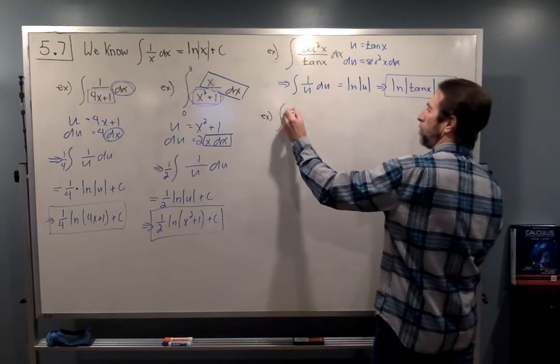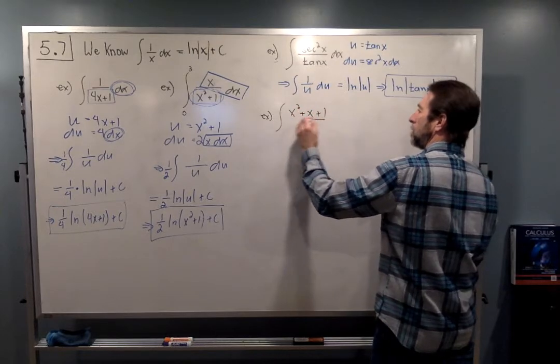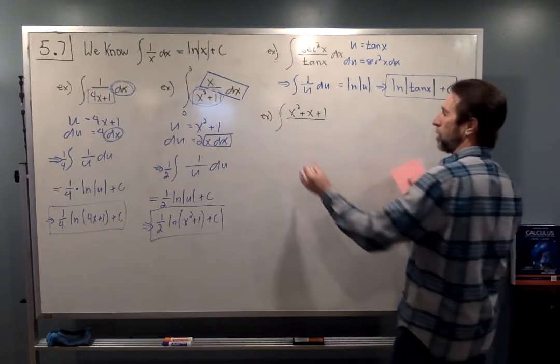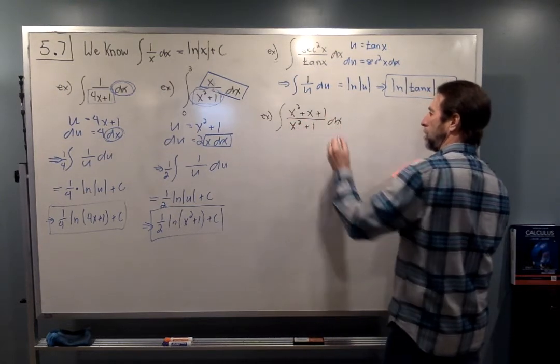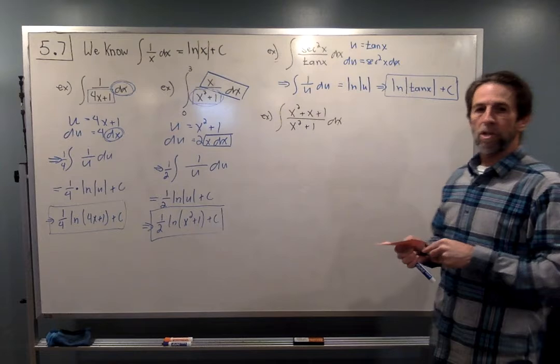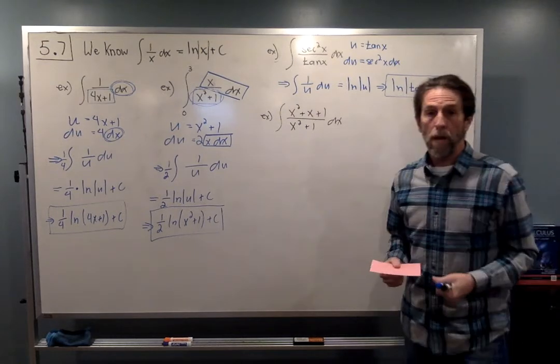x squared plus x plus 1 over x squared plus 1. Now this is a situation where, if you're very creative mathematically, you can get around what I'm going to do next.